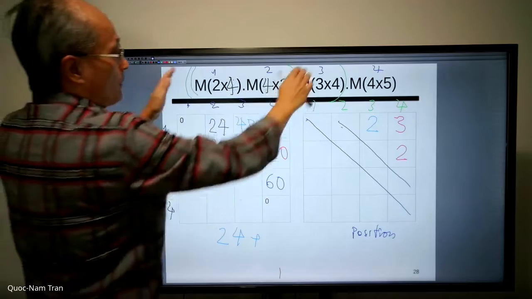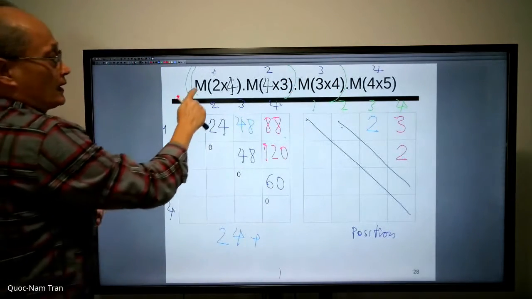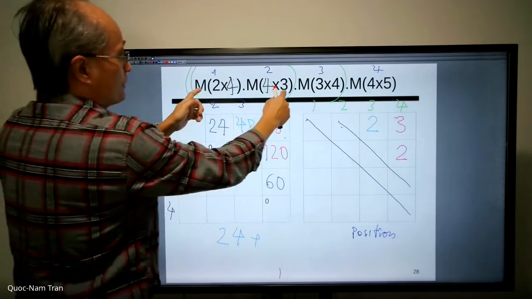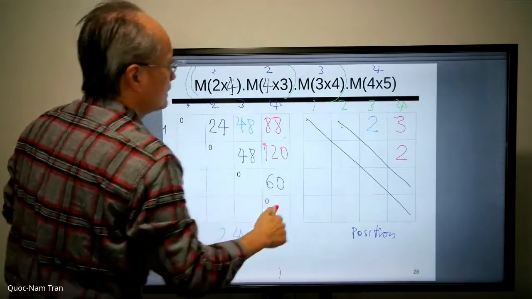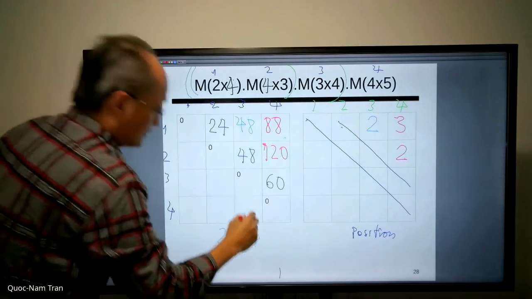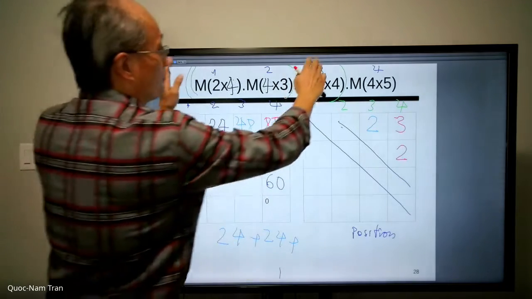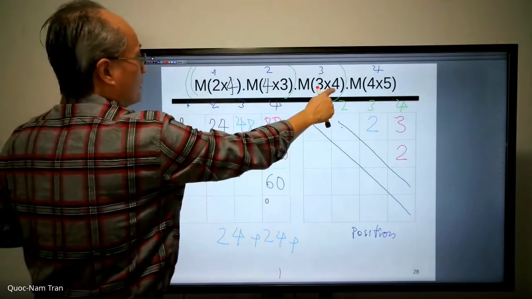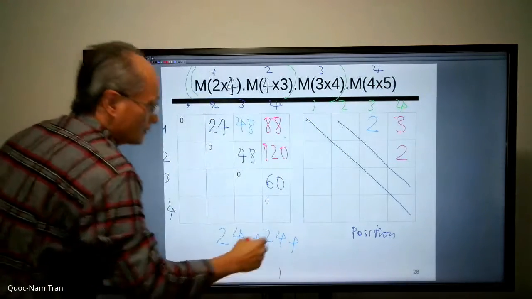And now multiply with the next, we have 2 times 3 times 4, right? 2 times 3 is 6, 6 times 4, 24 again. And then multiply with the last, we have 2 times 4, 8. 8 times 5, okay, 40.